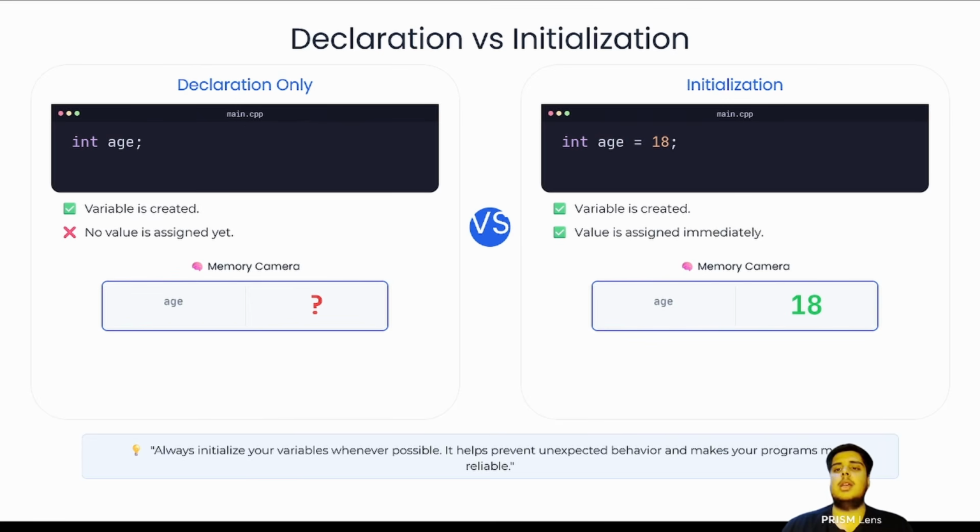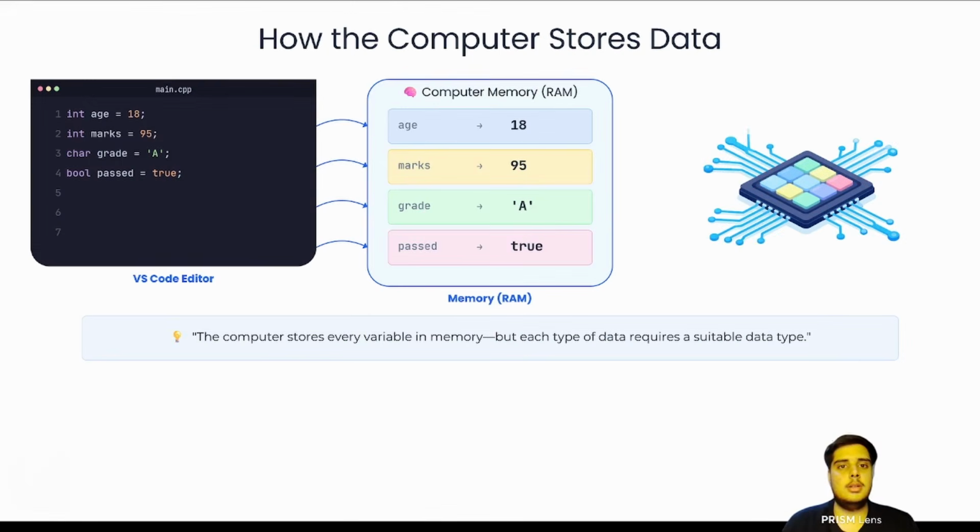If I say int age = 18, or any number, that number is stored in age, and that's when a variable is initialized. So what's the better way? You should always initialize your variables whenever possible, because it helps prevent unexpected behavior and makes your program more reliable.